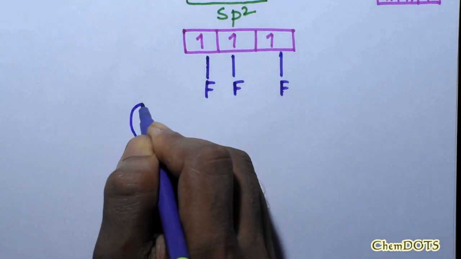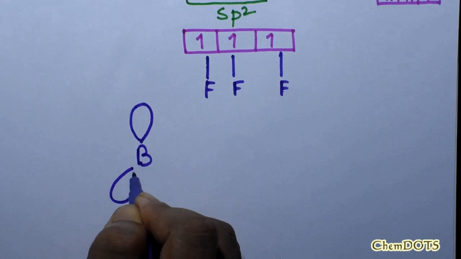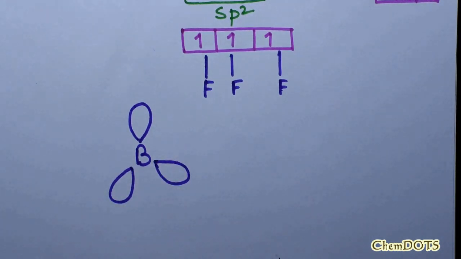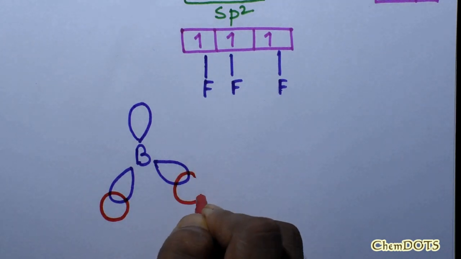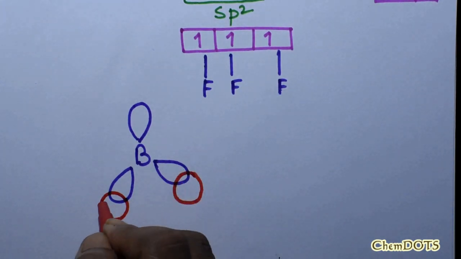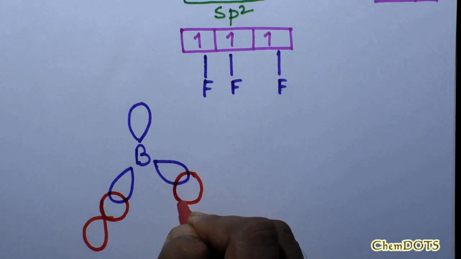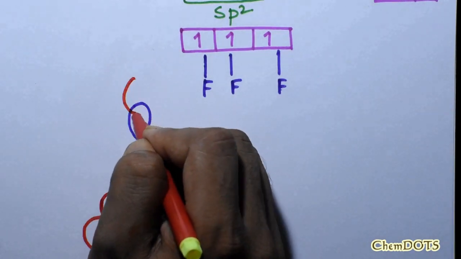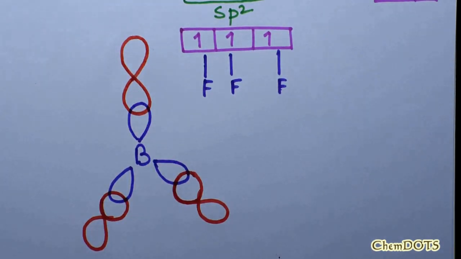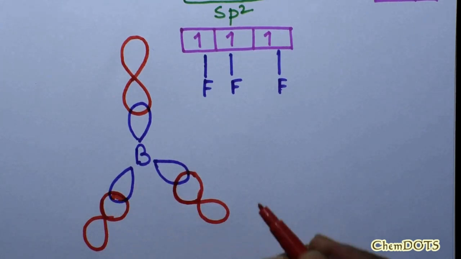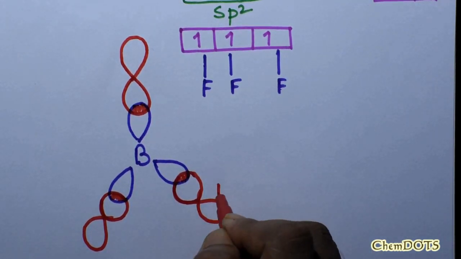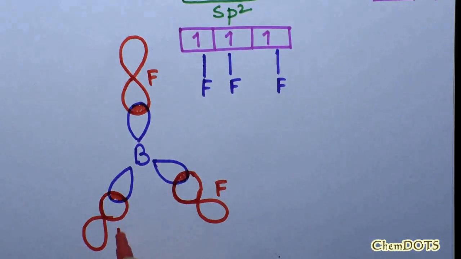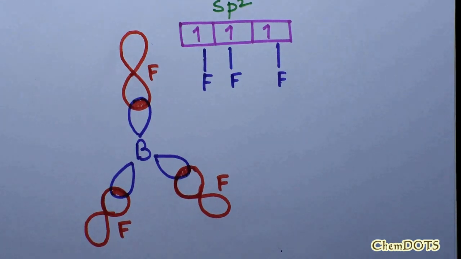Now let's see the molecular structure of BF3. Here these are the 3 sp2 hybridized orbitals of boron. They are in the plane of an equilateral triangle. With those sp2 hybridized orbitals, 3 fluorines are bonded with the p orbitals and they are forming covalent bonds.